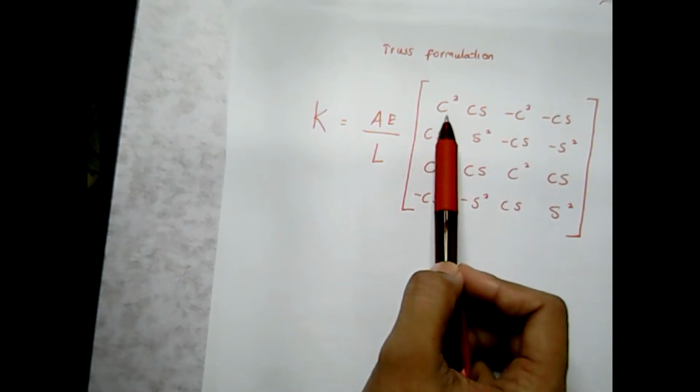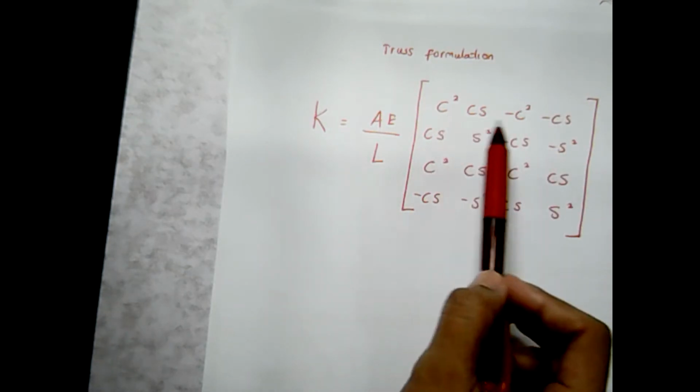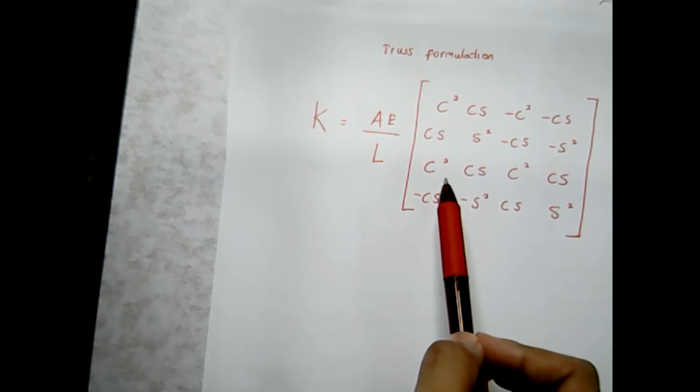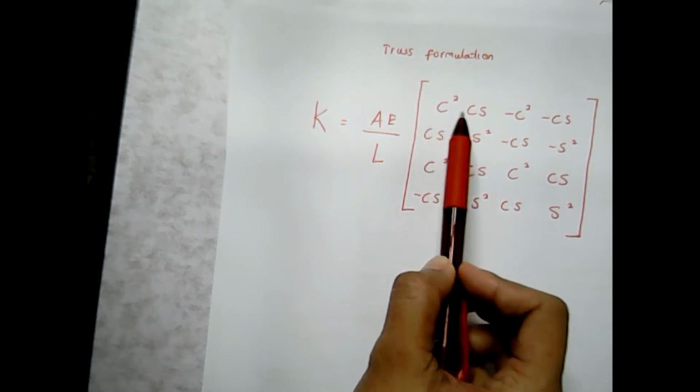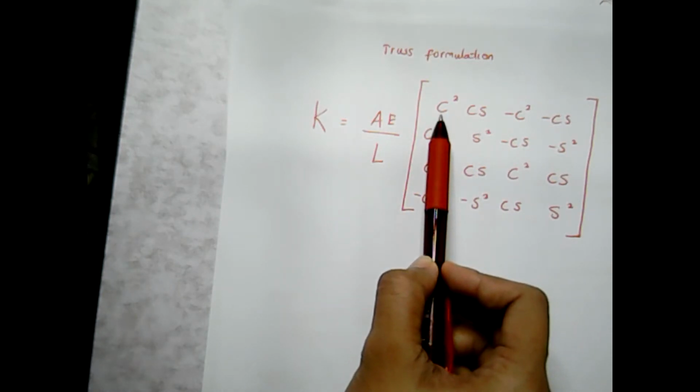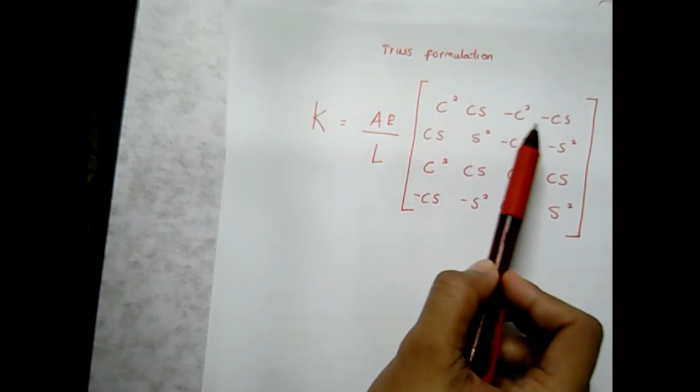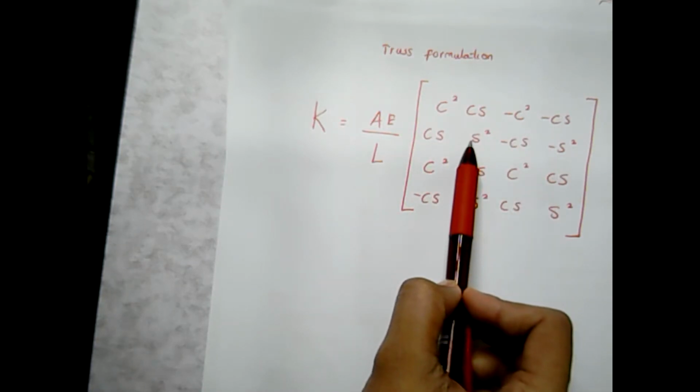Here are the derivations from the formulations given in your notes. So you have c squared, where c means cos theta and s means sine theta.